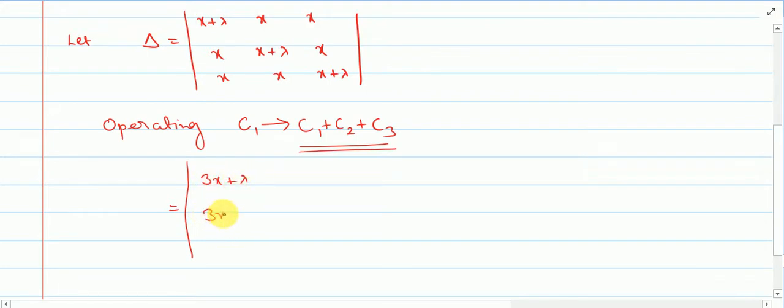Same thing over here, 3x plus lambda, 3x plus lambda. Since second and third column they are not being operated, so you have to copy as it is.